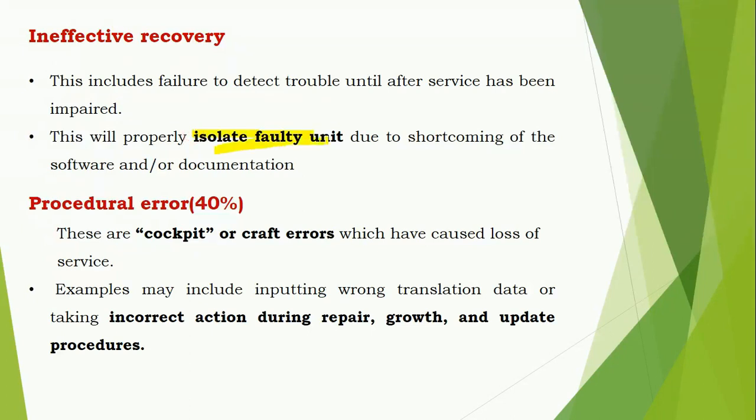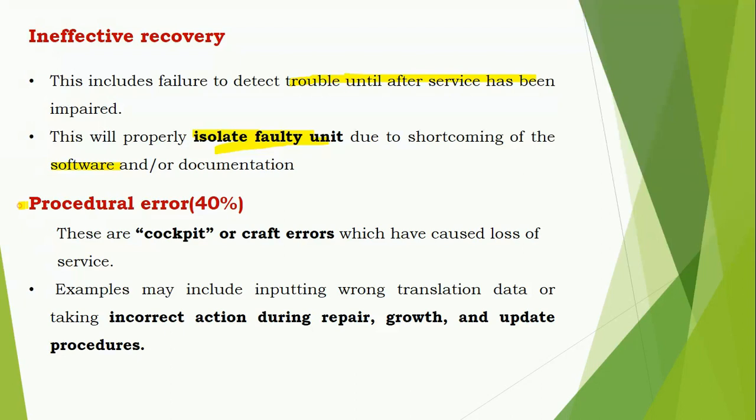That means the faulty unit won't work. Whenever you want to upgrade software, or whenever you are removing certain things, the system will be under isolation. So this includes the trouble until after service has been impaired. That means the system will be under isolation until you resolve the faults.